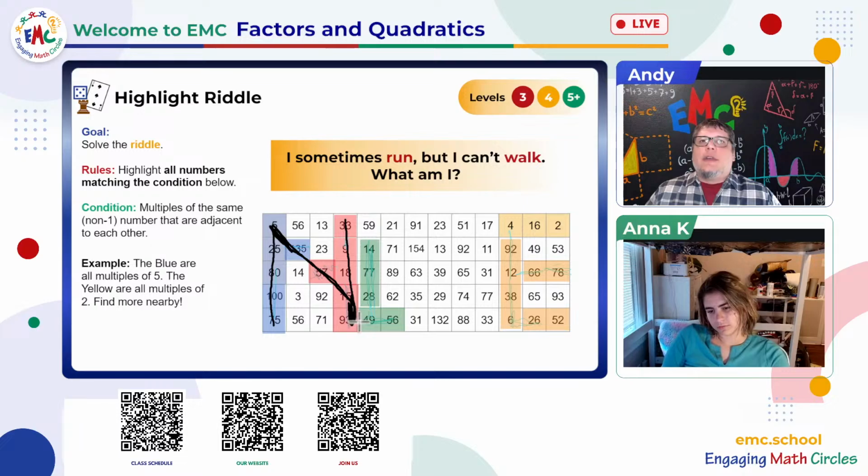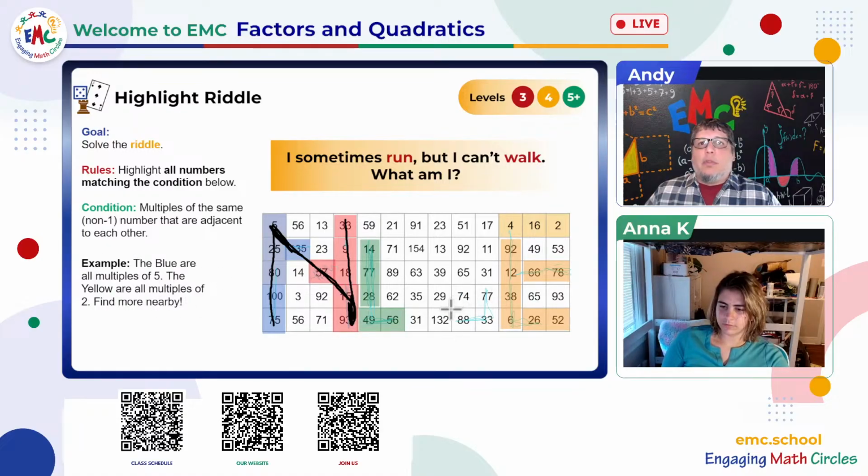Okay, let's find another multiple. Eleven's there.